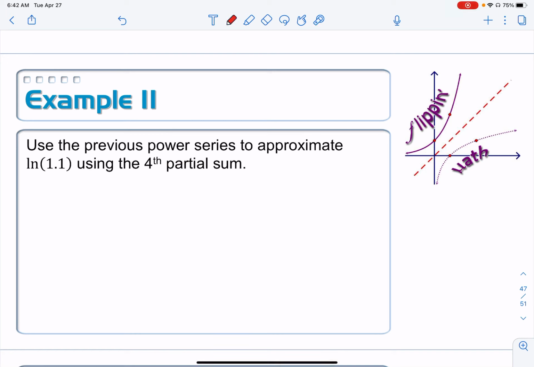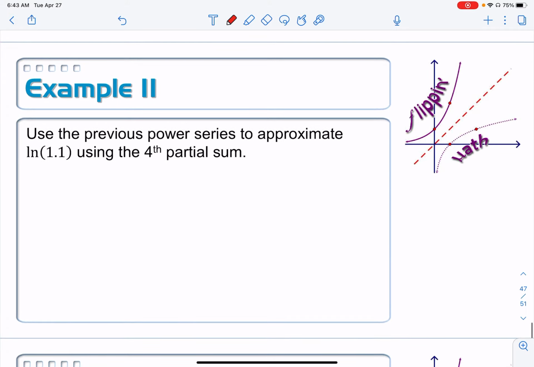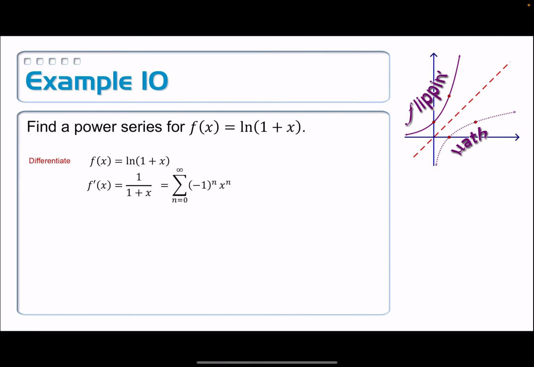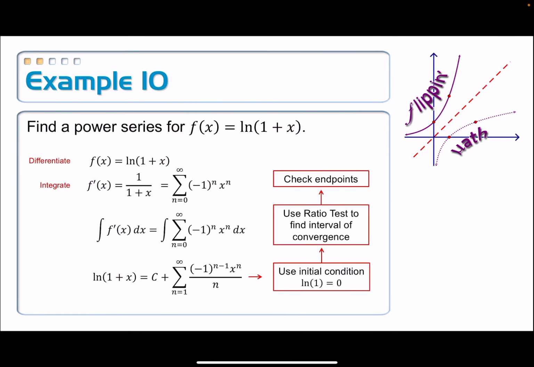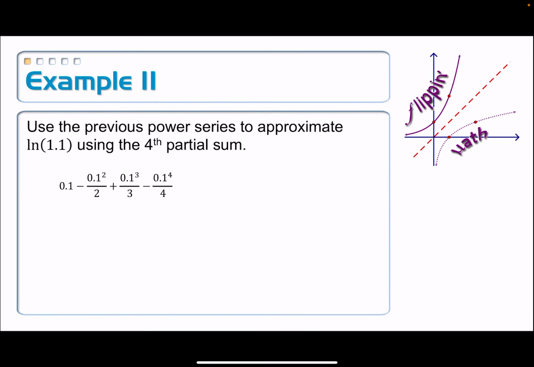So the fourth partial sum essentially means that you're supposed to use just 4 terms. Actually, I have this animated over here. So again, you have the function f of x equal to the natural log of 1 plus x.